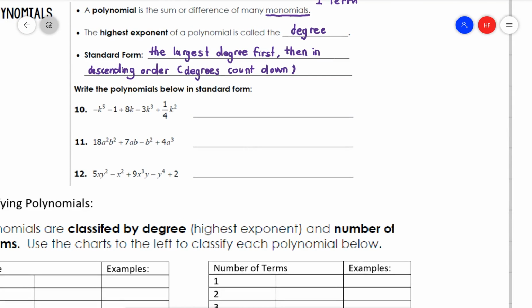So I have 5, 0, 1, 3, and 2 as my quote-unquote degrees, the exponents. The largest one is already the first one, negative k to the 5th power. Then we would want a 4th power, looking at all my exponents. I see that I don't have a 4th, so I would skip down to the 3rd.